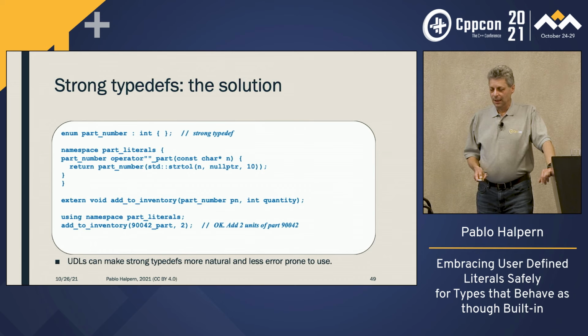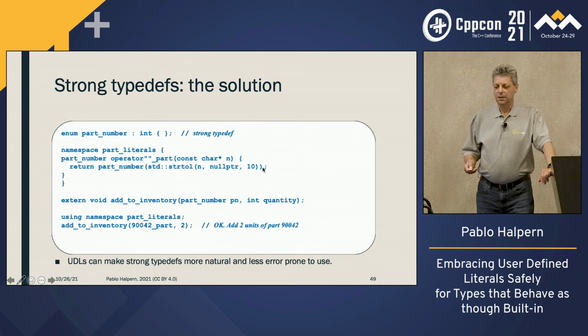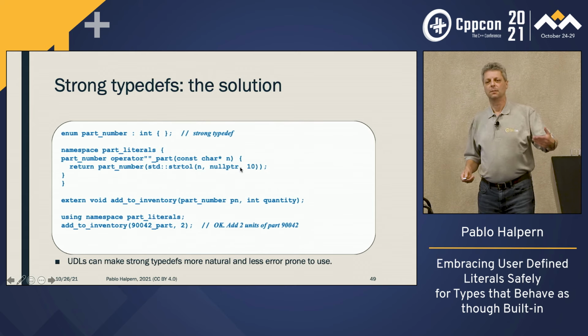But now our add to inventory function, when it says part number, it's talking about a distinct type from int. Cool. In order to make our life a little easier, we create a user-defined literal for it. And the user-defined literal in this case is a raw UDL, and it parses the string by calling strtol, always using base 10. So we're not going to get this octal problem.